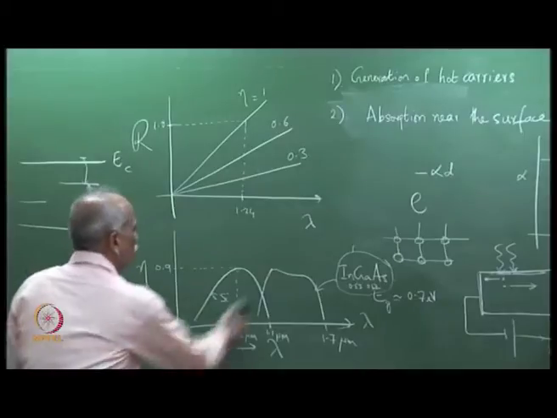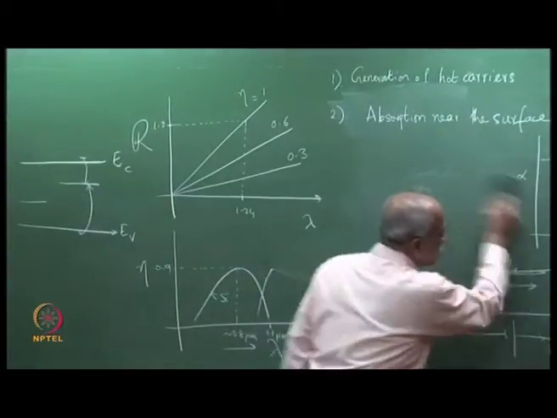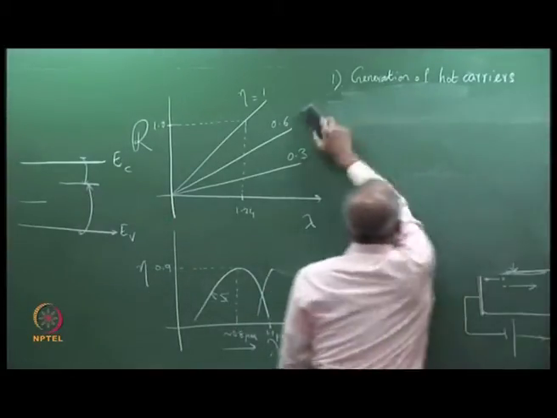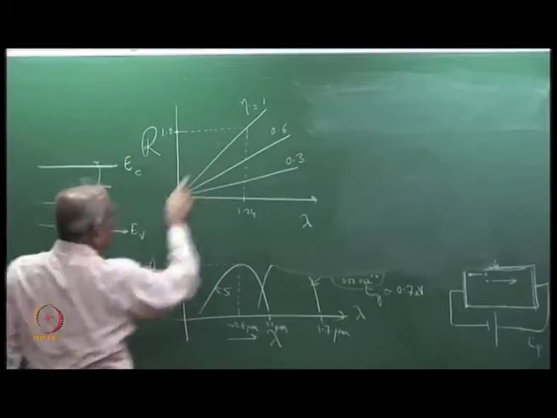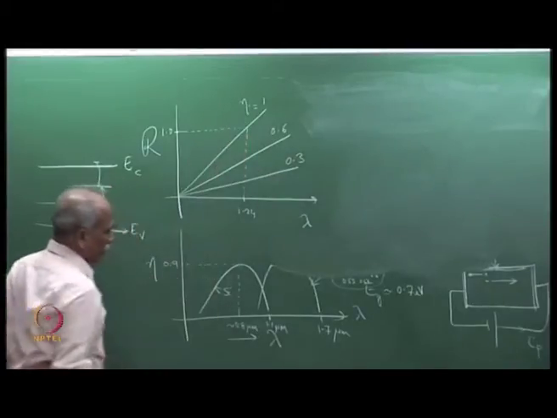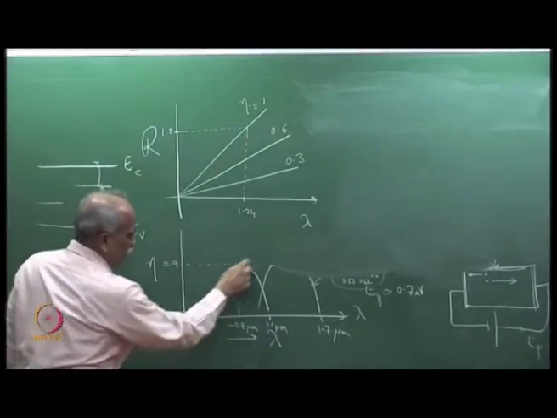And therefore, the final picture, the responsivity. Let us very quickly come to the responsivity. If eta were 1, the responsivity would have varied like this, but eta varies like this, it is not 1.